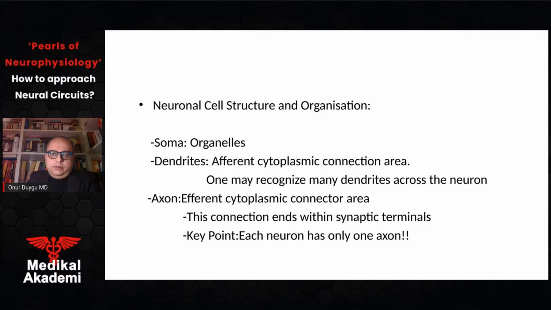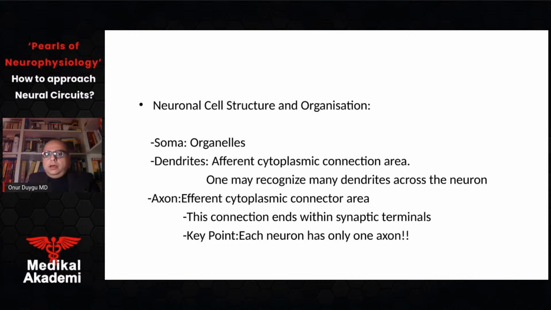Let's talk about neural cell structure and organization. The soma includes organelles like every cell body, such as mitochondria, Golgi apparatus, and ER. Dendrites are afferent cytoplasmic connection areas that shape neural synaptic transmission.